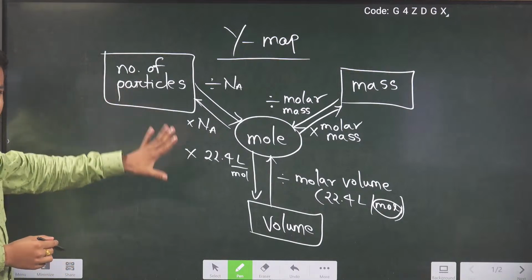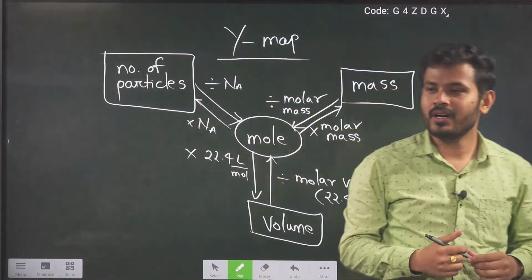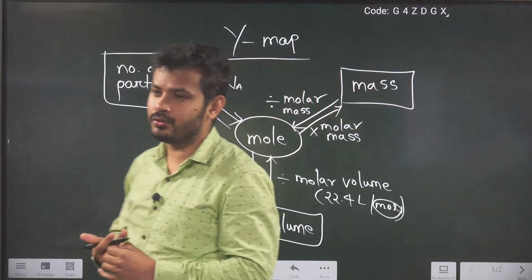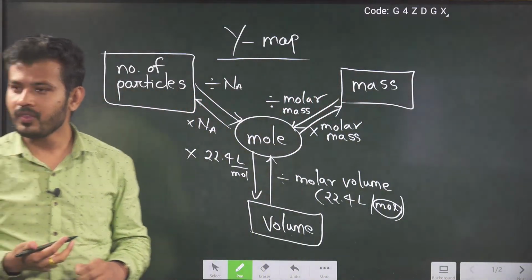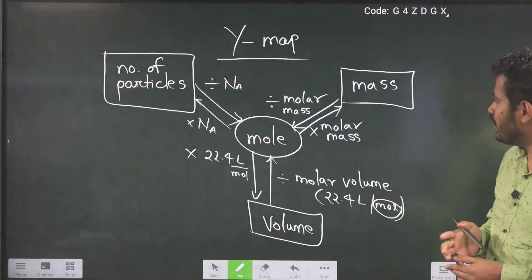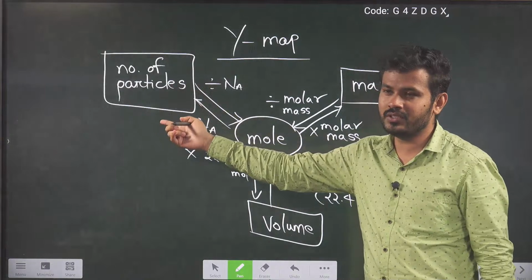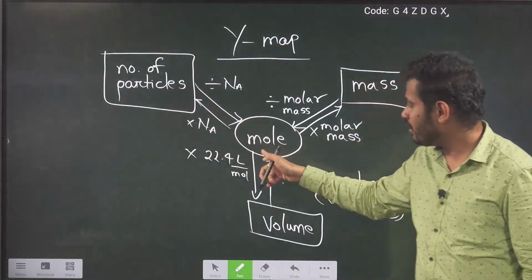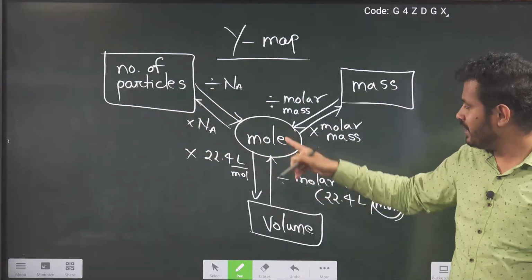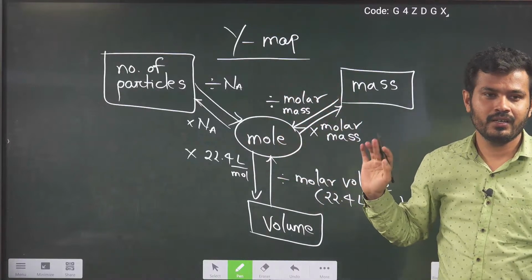This is the Y map. I hope you remember this Y map. If yes, then please give a thumbs up in the chat section so that we can discuss questions on this. We have discussed this in the last class also. If mass is there, volume is there, or number of atoms or molecules is there, from that how to get the number of moles. Our main objective will be to calculate the mole, and from the mole we can go anywhere.